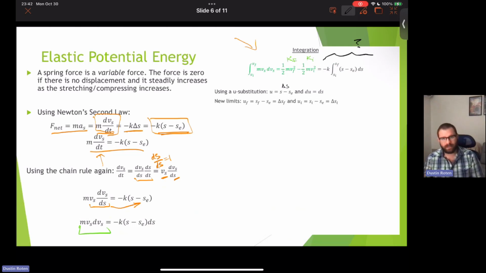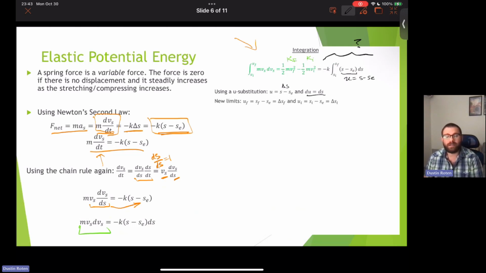So u equals delta s, and then when I calculate my du, it just becomes ds, right? I'm sure y'all remember this from the end of Calc 1, beginning of Calc 2. Either way, we can do this really quick if need be. The whole idea is you just pick a complex piece inside your integral and substitute something easier.